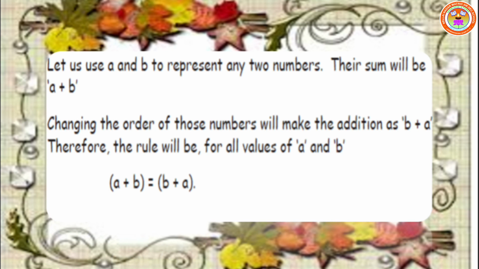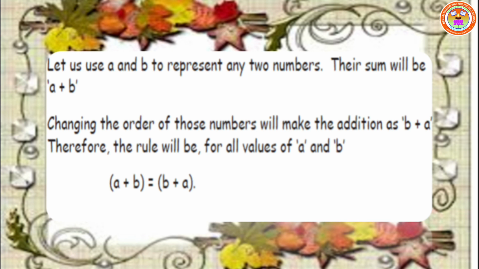Next, let us use A and B to represent any two numbers. Then how will the sum be? A plus B. Changing the order of those numbers will make the addition B plus A. Therefore, the rule is that for all values of A and B, they must be equal. Students, what do you understand from this sentence?